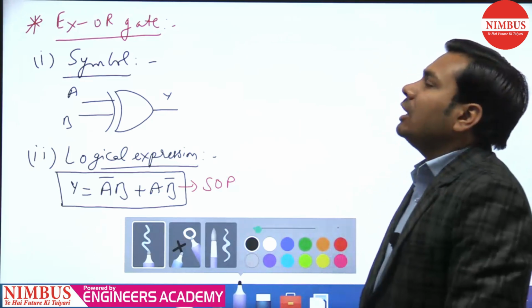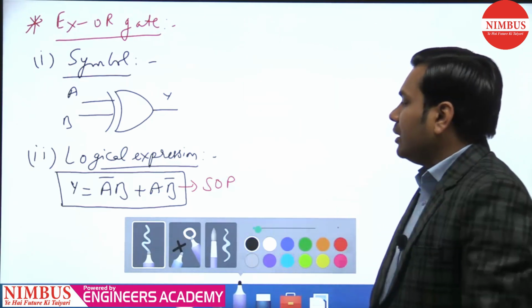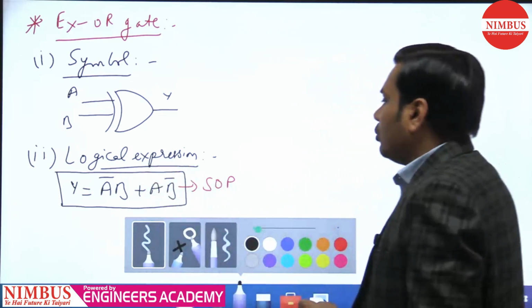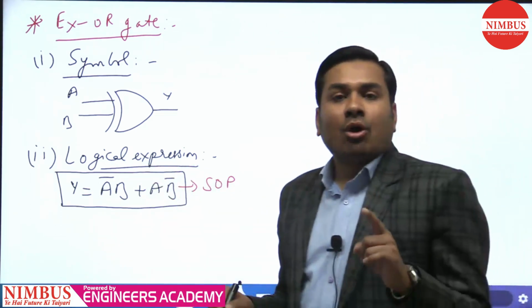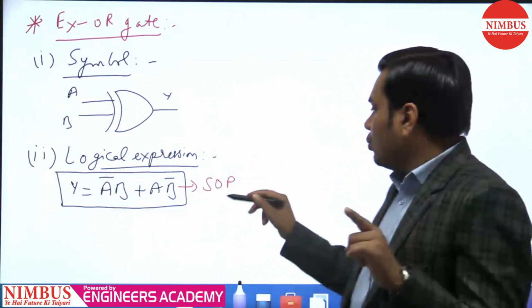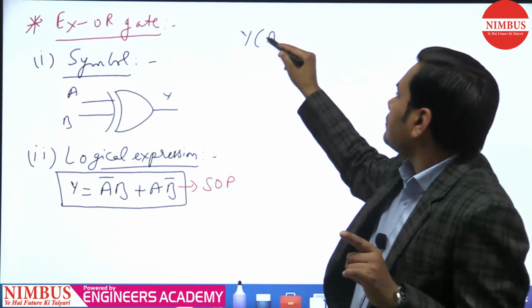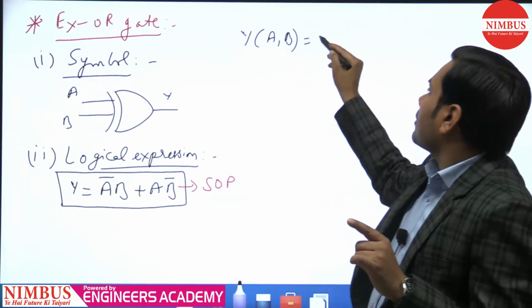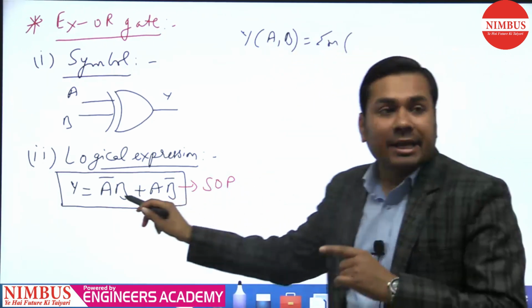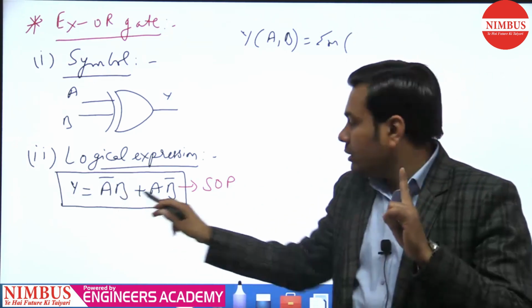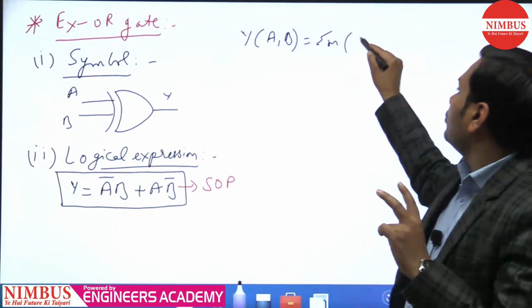If we have a requirement to find the POS expression of the XOR gate, we have the min term set 0 1, which is 1, and 1 0, which is 2.